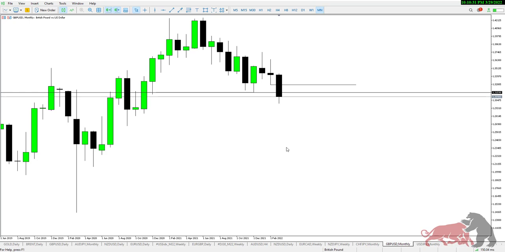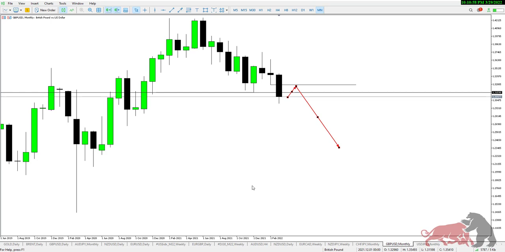Now, already my anticipation skills are telling me that once we have the April candle opening, we are going to have a premium array in the form of a fair value gap, right? Where I'll be anticipating price to trade into that level before it pushes further to the downside.